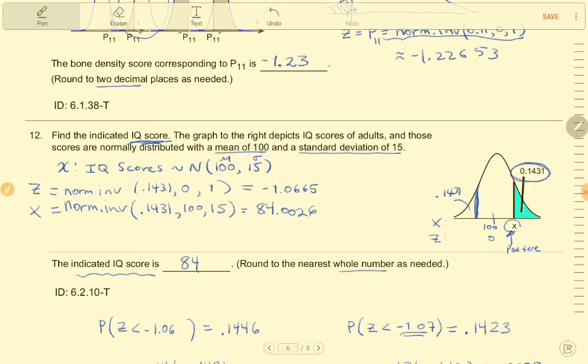Answer should be 84. 84 would be the IQ score corresponding to the negative side, but remember the original picture was on the right, so I need to change my z-score sign to a positive. So even though I got a negative here, this z-score over here on this side is going to be positive 1.07.